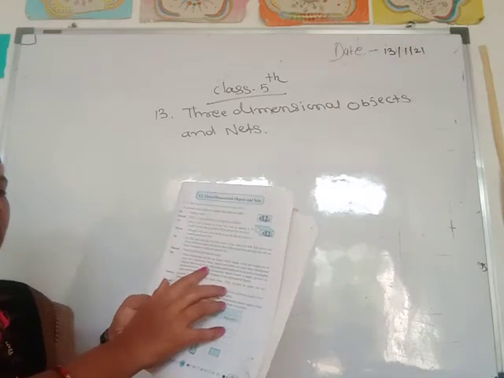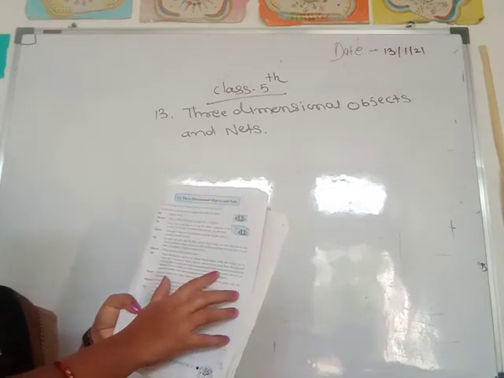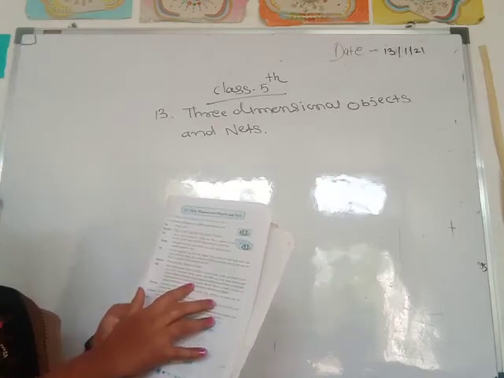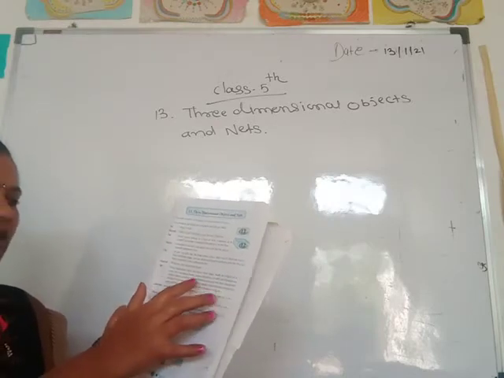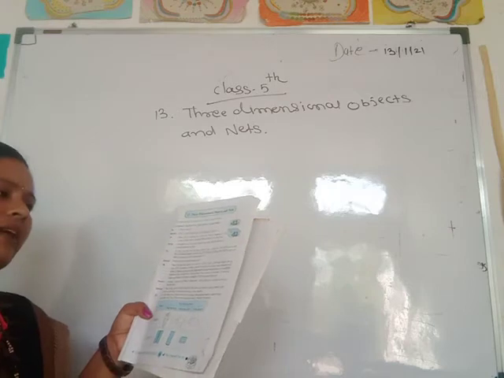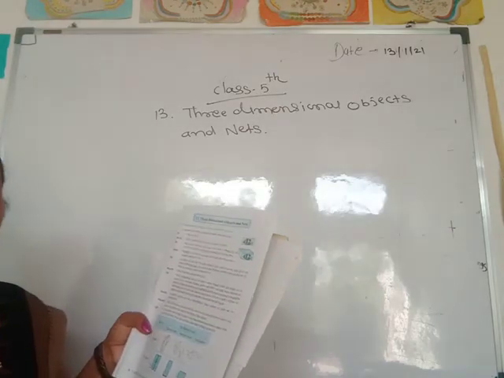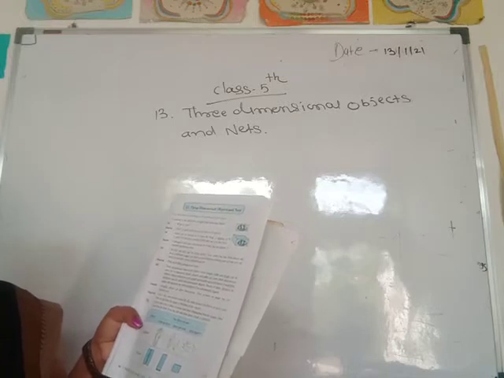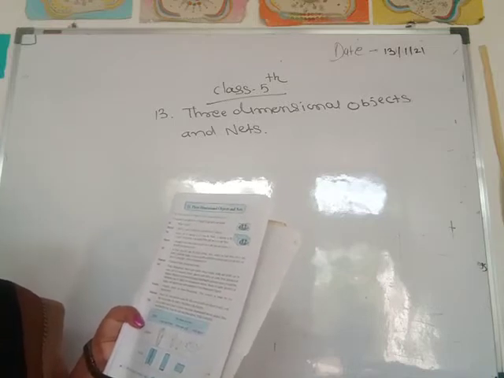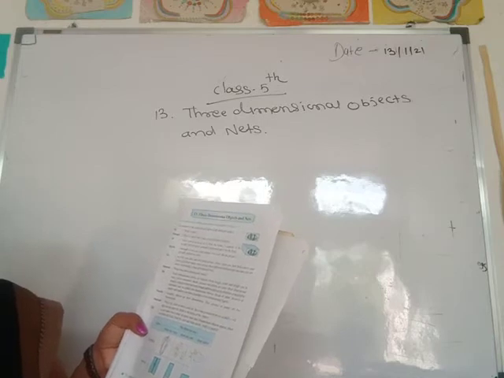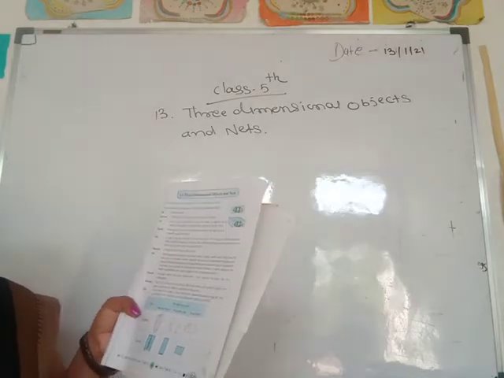The objects which have only length and breadth and no thickness, or negligible thickness, can be called two-dimensional objects. Examples: sheets of paper, pictures on paper and shadows are some examples of two-dimensional figures.